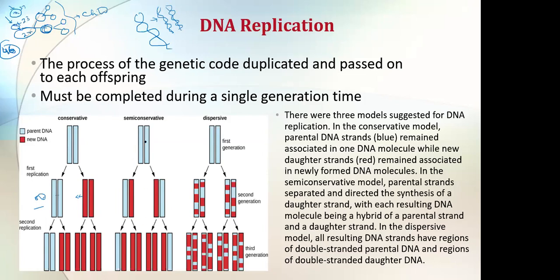When they get separated, the strands are the template strands, and they copy that template strand. So that's the semi-conservative. Dispersive says that both copies of DNA are a combination of old and new strands. So that's the dispersive.